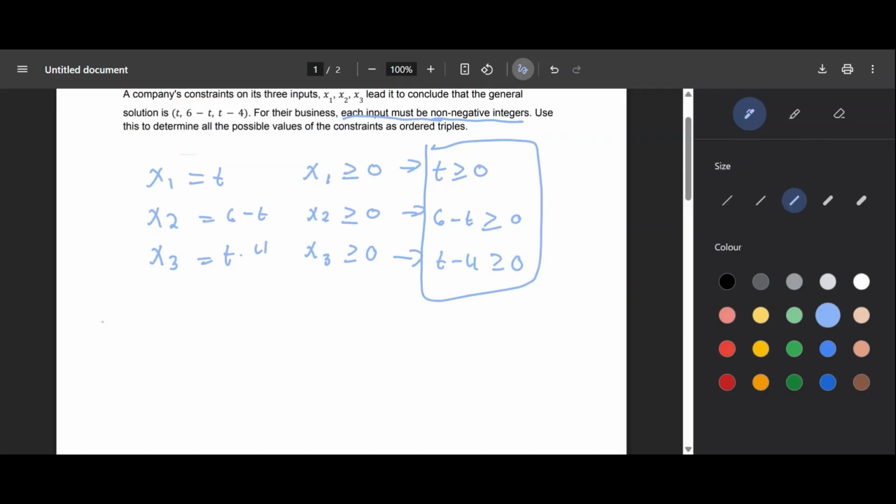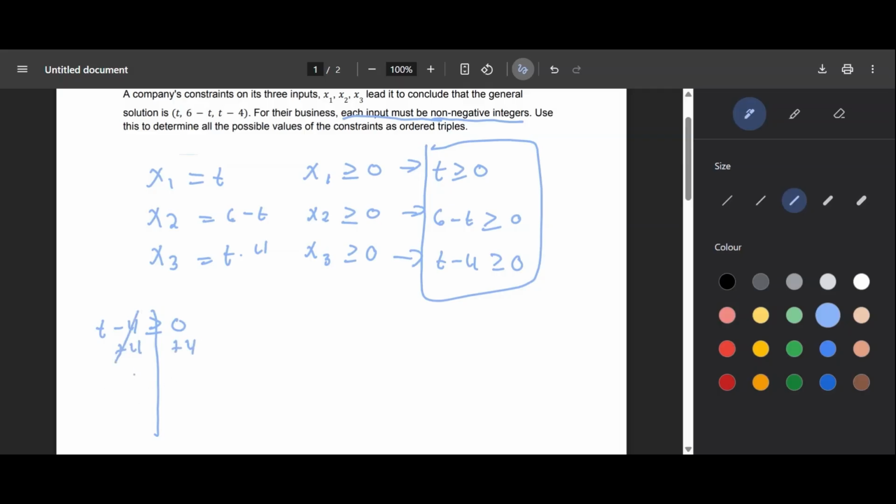So we have t minus 4 has to be greater than or equal to 0. So we can balance this out. We can move some stuff around to just make it a little bit more intuitive. So we can move the 4 from this side to that side. We can add 4 over here, add 4 here, and those cancel out.